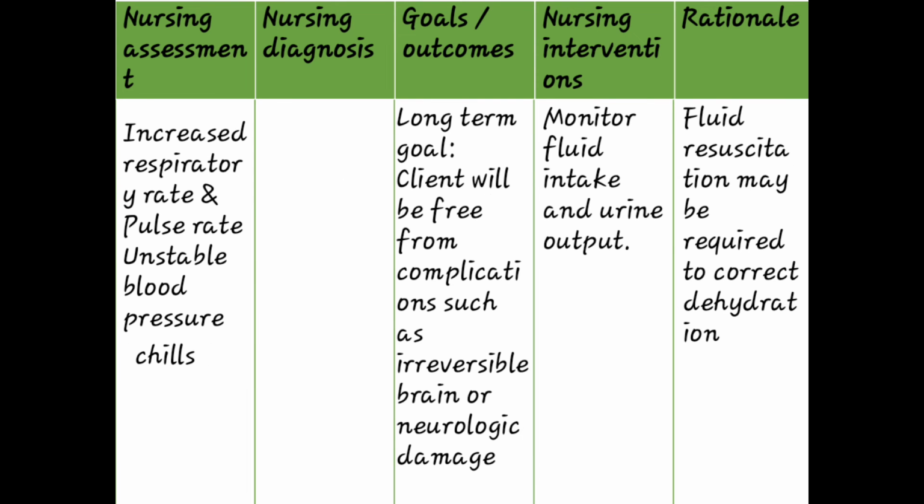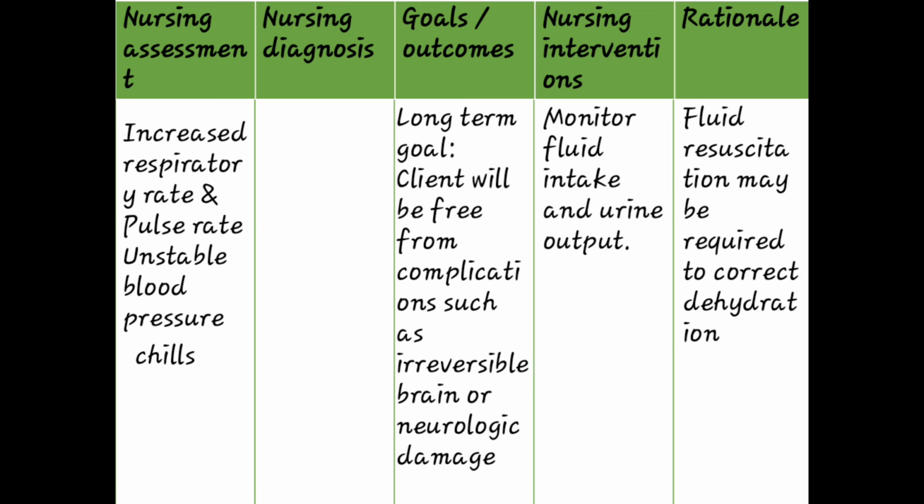Okay, so in the further parts, we can monitor the fluid intake and the urine output of the patient, because fluid resuscitation may be required to correct the dehydration. Because in case of hyperthermia, if the patient's body temperature is elevated, the patient can sweat rigorously, and there can be chances of dehydration.